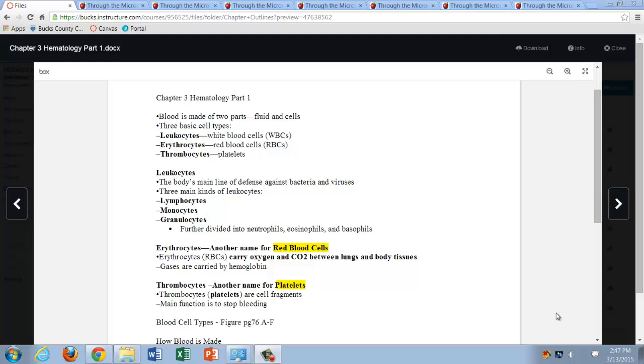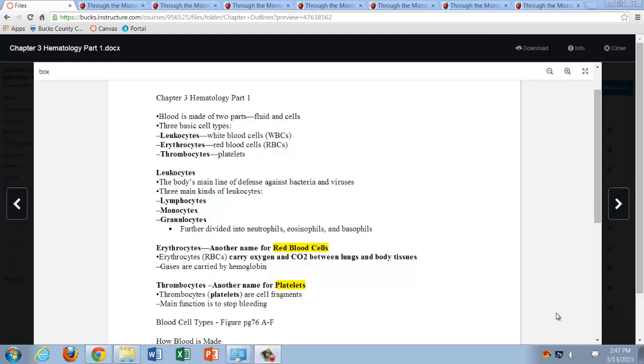We have many different kinds of leukocytes. These are the body's main defense against bacteria and viruses. They're divided into lymphocytes, monocytes, and granulocytes. And underneath granulocytes, those are further divided into neutrophils, eosinophils, and basophils.